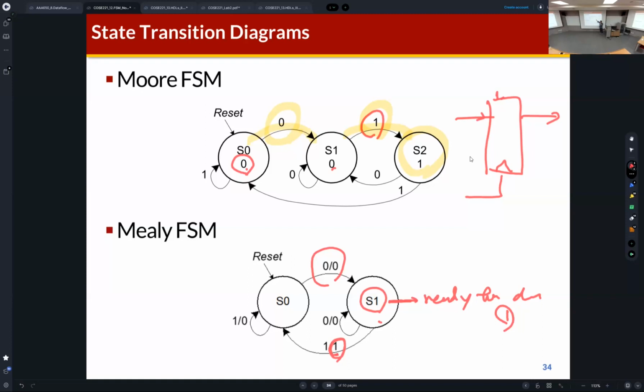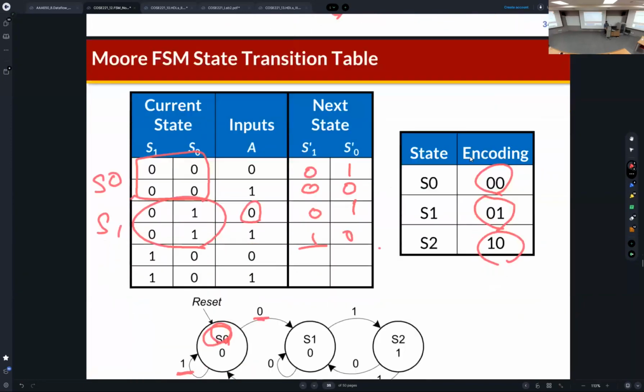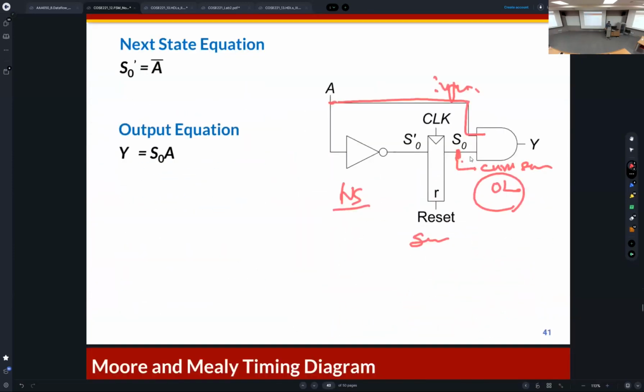This is the Moore machine. In the Mealy machine, the output becomes 1 with the input change, so the output changes immediately if the input is changing. This is the Mealy machine. So the timing is a little bit different.